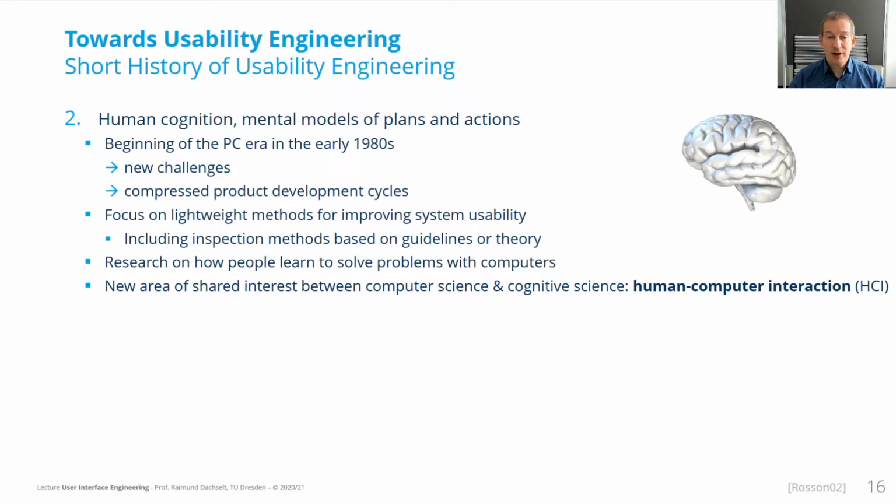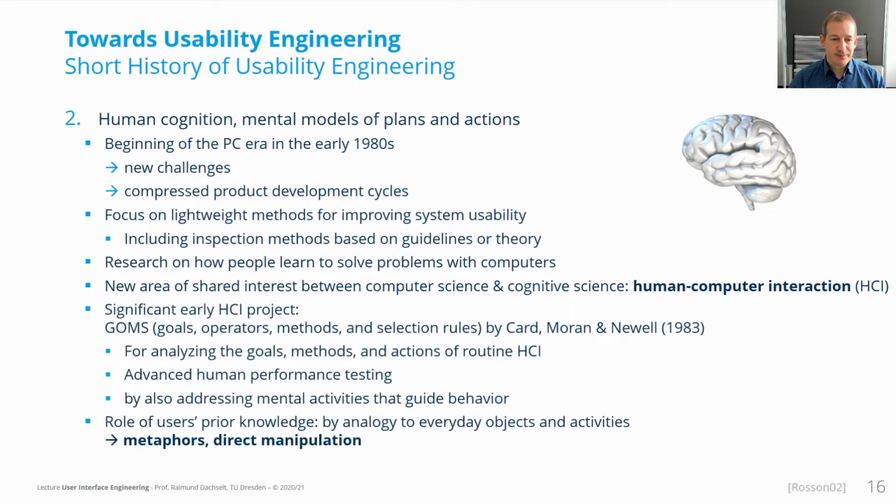And a new area of shared interest between computer science and cognitive science evolved, which was back then coined human-computer interaction. So as a new subdiscipline of computer science, human-computer interaction arrived as a term in the 1980s.